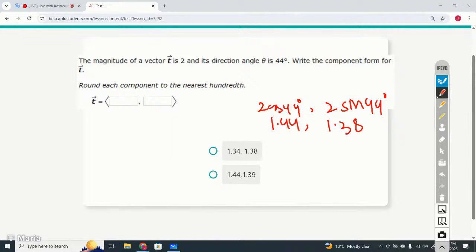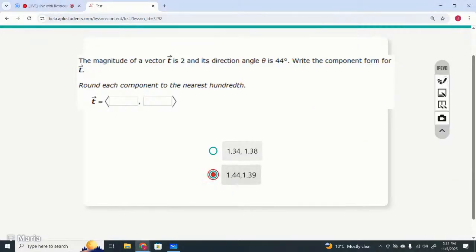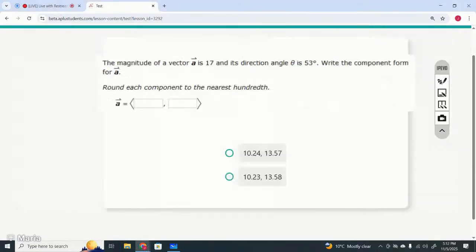Option number 2 is the correct option, that is 1.44 and 1.39.